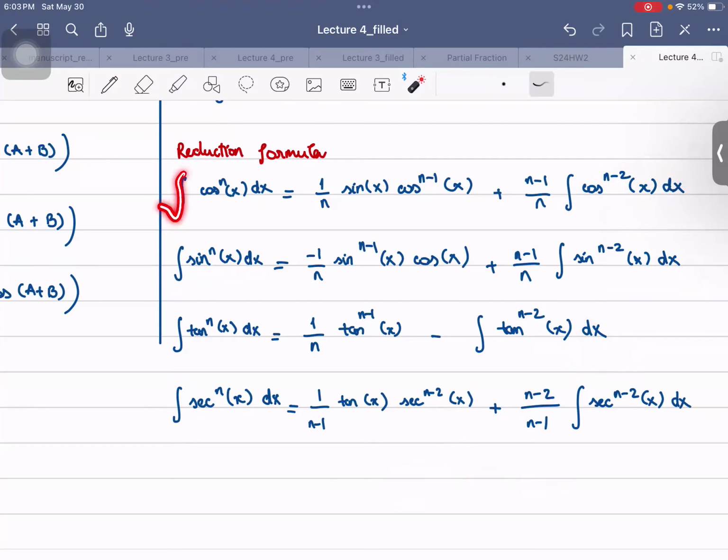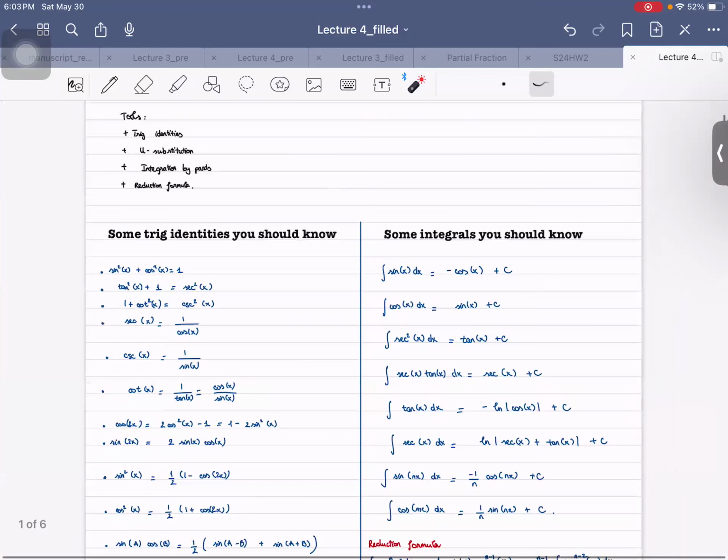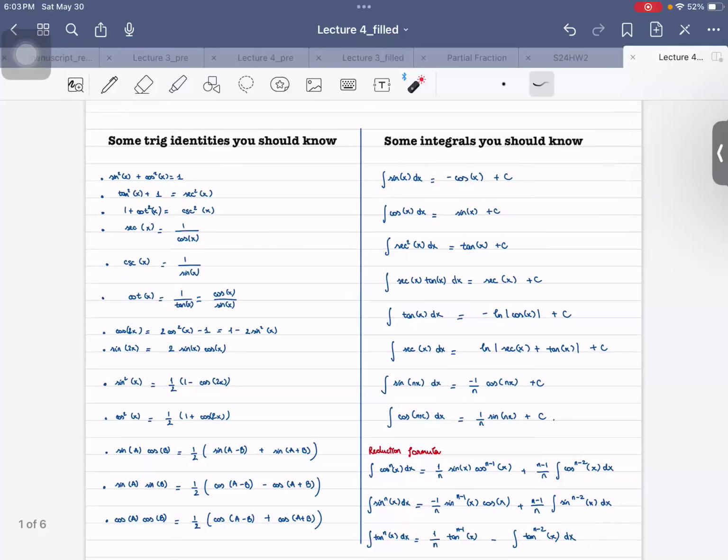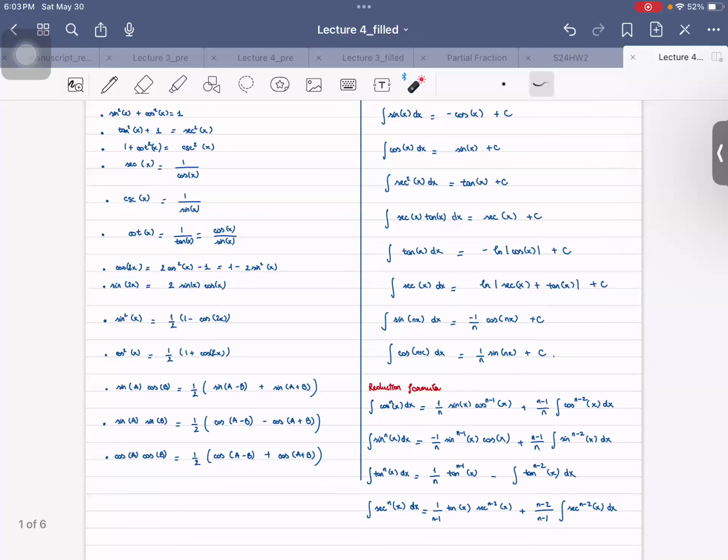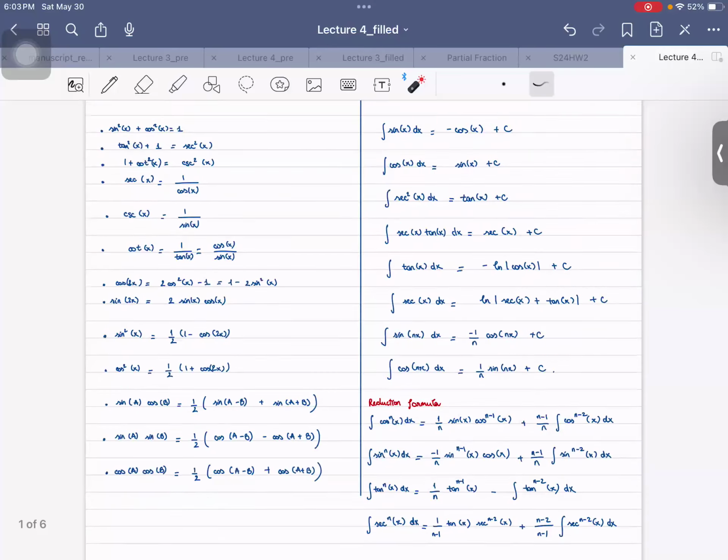The reduction formulas will help you deal with trig integrals where you have high powers. And one more thing: the identities and the formulas for the integral, especially the reduction formulas, will be provided on the exam, so you don't need to remember these things.